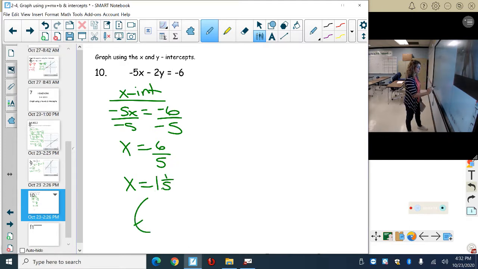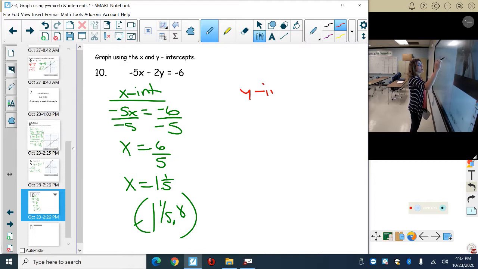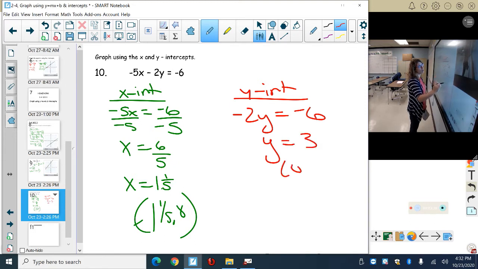To give me 1 1/5, comma 0. Then you're going to go ahead and find your y-intercept. The y-intercept is going to be negative 2y is equal to negative 6. So y is equal to 3, so that's going to be 0, 3.